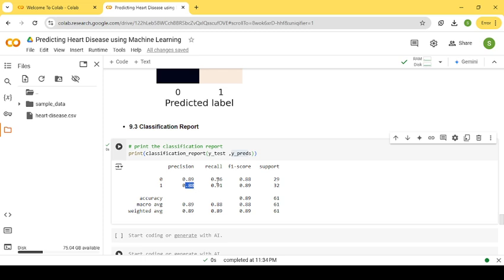Also, when it comes to recall, we were supposed to do 90, we got 91. The F1 score has to cross the 85%, and I think we have around 88%. So that is all for our classification report.